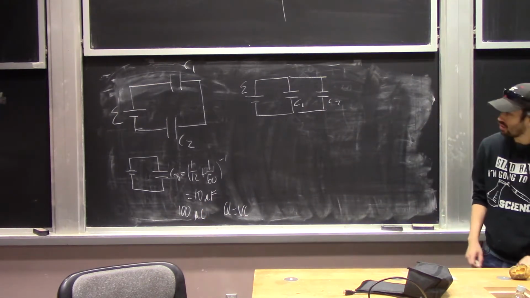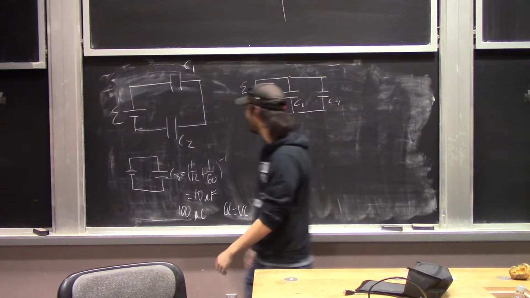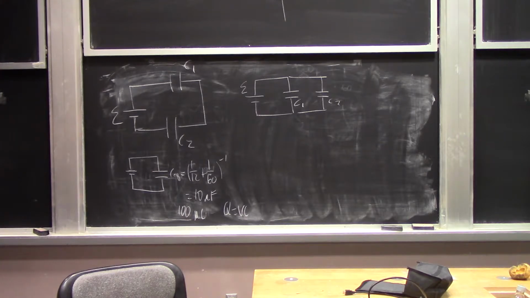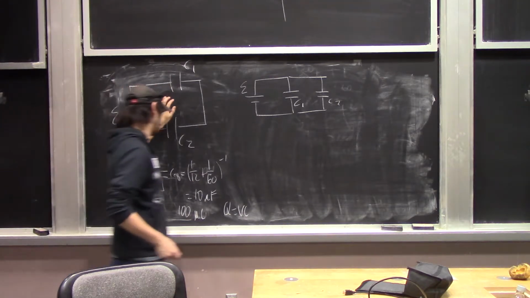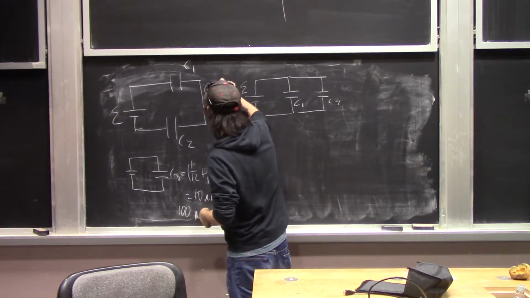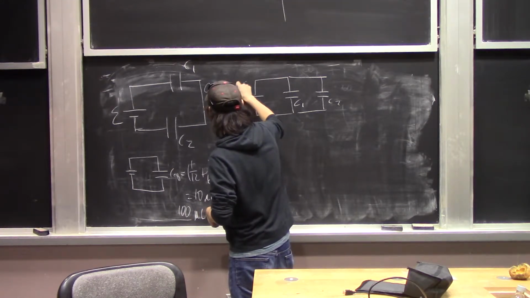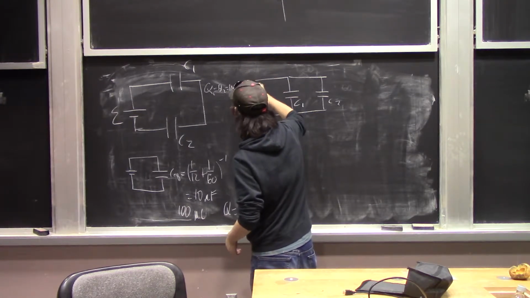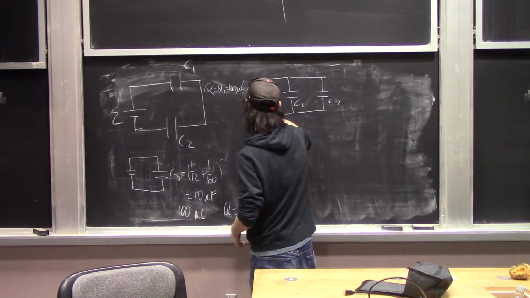And because these two capacitors are going to be in series with one another, the charge on each one is going to be the same as the charge on the other. So the charge on these, so I can call this Q1, is going to be equal to Q2, which is going to be equal to the charge that I had on the equivalent capacitor. So this is going to be the 100 microcoulombs.